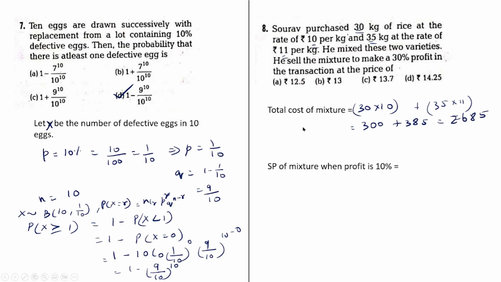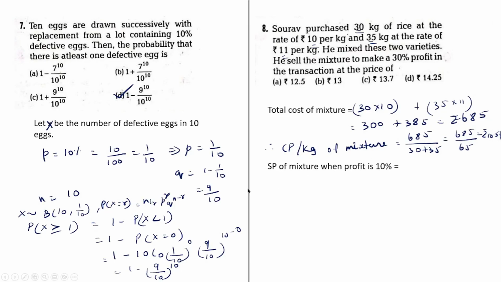This is the total cost of the mixture, that is the cost of this 30 kg plus 35 kg. Therefore, CP per kg of the mixture will be 685 divided by 30 plus 35, or 685 by 65. This is approximately equal to 10.54, the cost price per kg of the mixture.